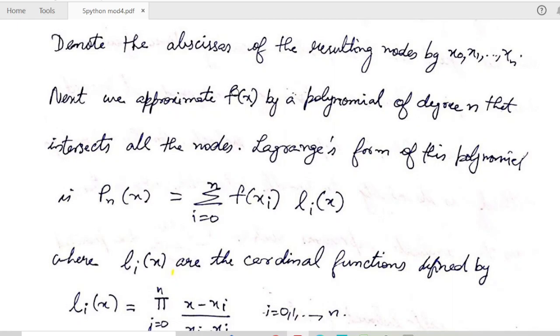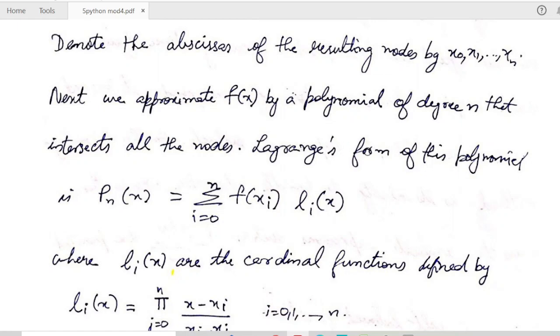Next, we approximate f of x by a polynomial of degree n that intersects all the nodes. Now we are going to use Lagrange's interpolation formula. You have already learned the interpolation formula in the last module, Lagrange's interpolation formula to approximate a polynomial.